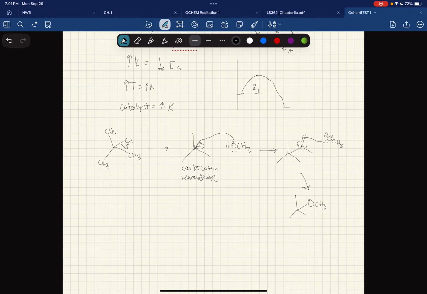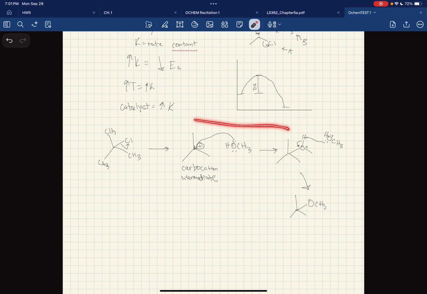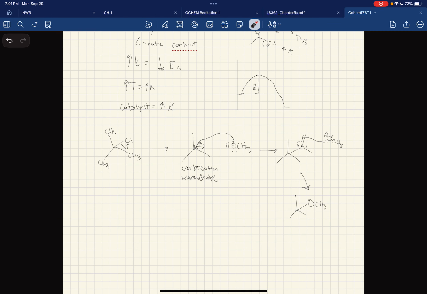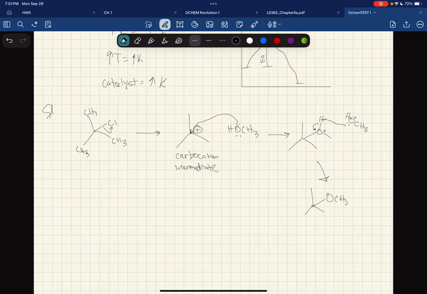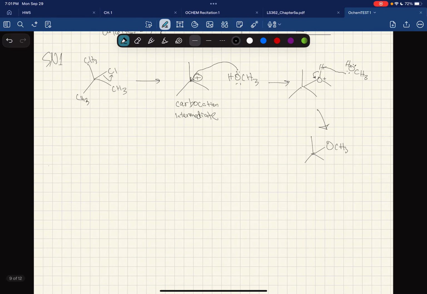I think these are the typical two steps for an SN1 reaction, but it's always good to include everything, especially on the test. So that's the typical SN1. What does it say? Include how the mechanism affects stereochemistry.